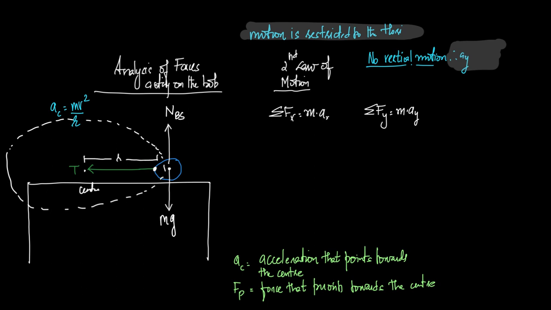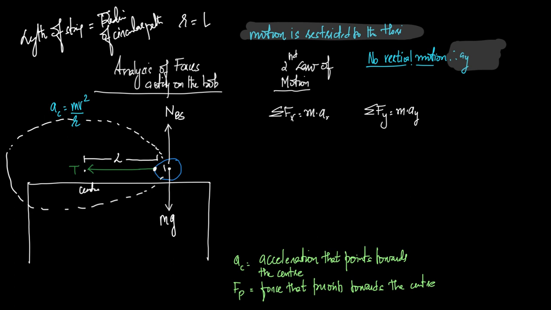And since this is the string, we can say that the length of the string is equal to the radius of the circular path. Therefore, r is equal to L here, so instead of r, we can write the length of the string, which is, according to the given equation, L.